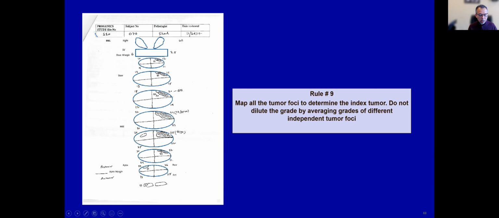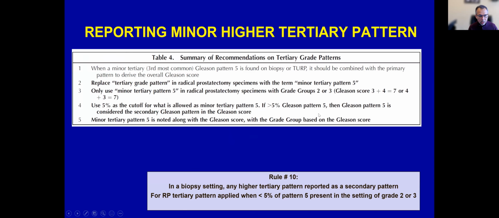That can help you determine the location and the dominant versus non-dominant nodule, and you can easily determine the overall grading if you use this systematically. I strongly recommend mapping the tumor, because if you don't, you may sometimes not be able to determine the score correctly. So map all tumor foci to determine the index tumor. Do not dilute the grade by averaging grades of different independent tumor foci.